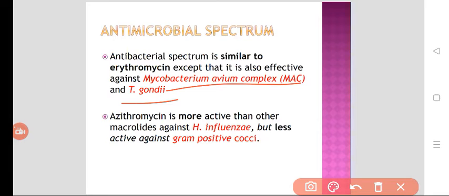Azithromycin is more active than other macrolides against H. influenzae but less active against gram-positive cocci. This is the difference between other macrolides and azithromycin.